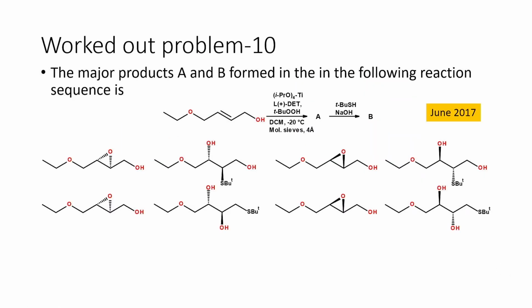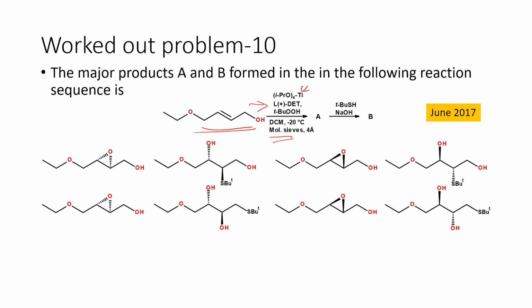Let us move on to the next problem. The major products A and B formed in the following reaction sequences. We have an allylic alcohol. This allylic alcohol is treated with Sharpless reagents. So what are all the reagents that are used? The moment we look at this DET, that is diethyl tartrate, and titanium isopropoxide, this combination is generally used for the Sharpless epoxidation condition, and we have tertiary butyl hydroperoxide as the reagent.